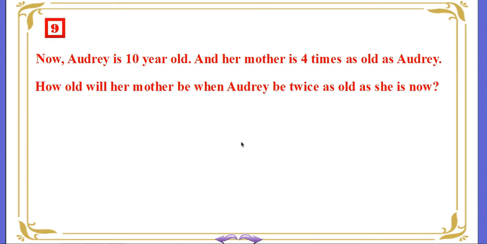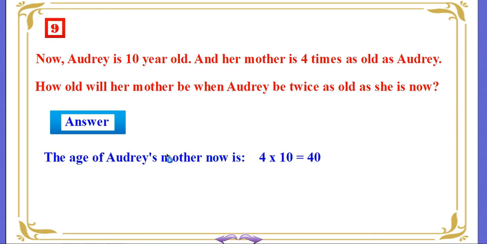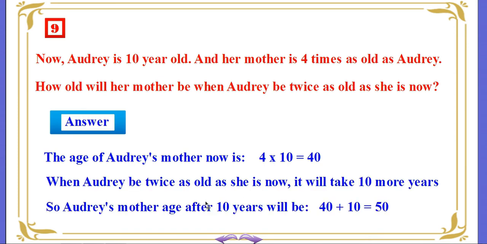Thinking Ori's mother is always 4 times her age is wrong, and answering that when Ori is 20, her mother is 80 years old is wrong. Ori needs to wait 10 years to be twice her current age. Now Ori's mother is 40 years old. So after 10 years, Ori's mother will be 50 years old. The answer of 80 years old for the mother is wrong.